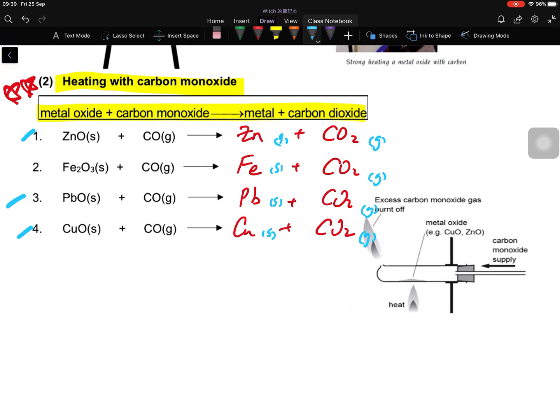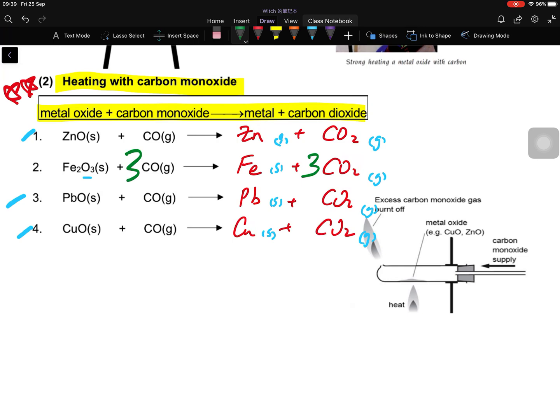On the left hand side, we get Fe2O3, and you should know that each carbon monoxide can take away only 1 oxygen from the ore, right? So in case you have 3 oxygen here, that means you need 3 CO to take away all the oxygen, and then of course you get 3 CO2.